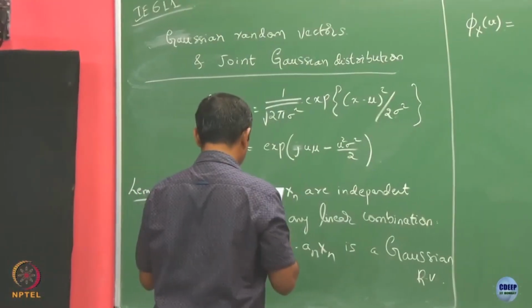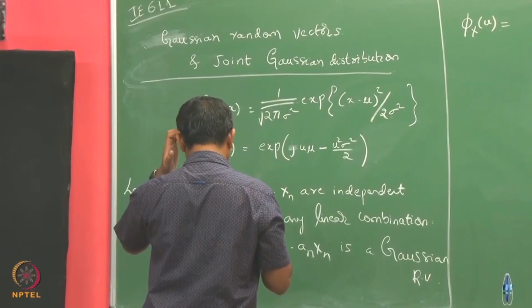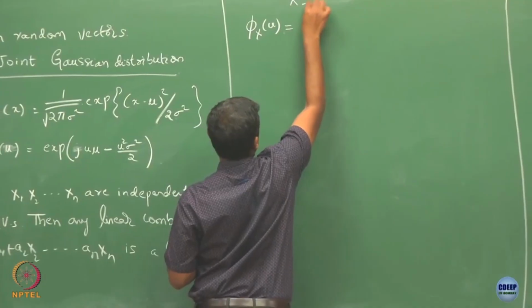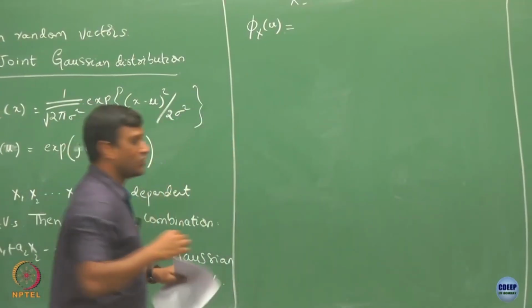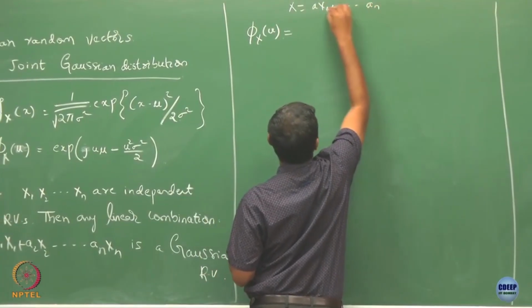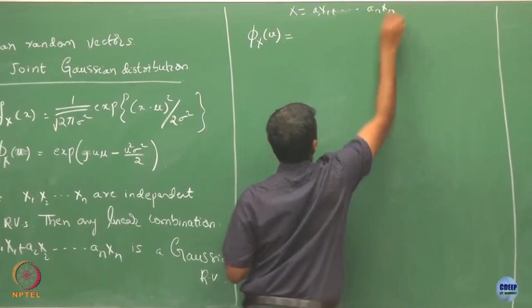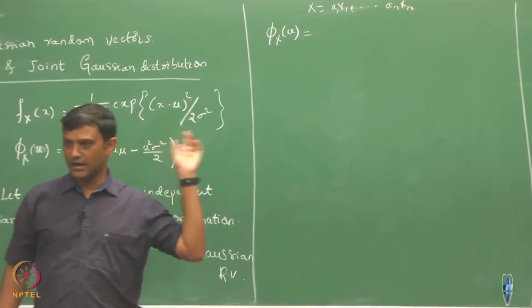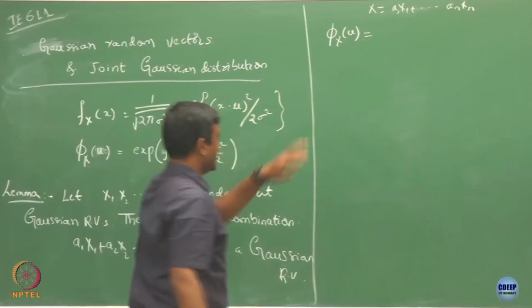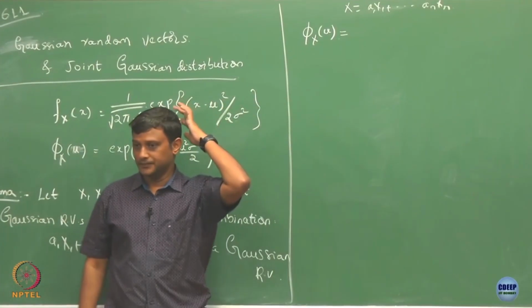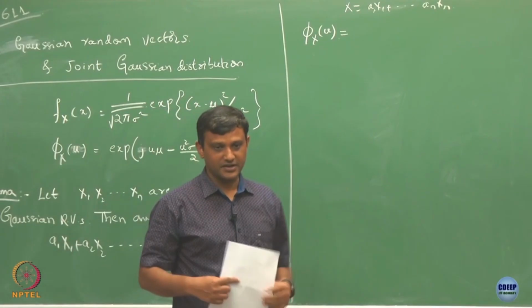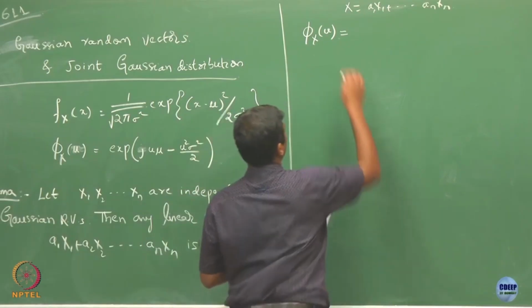Okay, no, what I mean is, I'm going to define this x to be this linear combination. x is now again another random variable for me, it is not a vector as I said earlier, it is just a linear combination of these, and I want to compute the characteristic function of this random variable x.